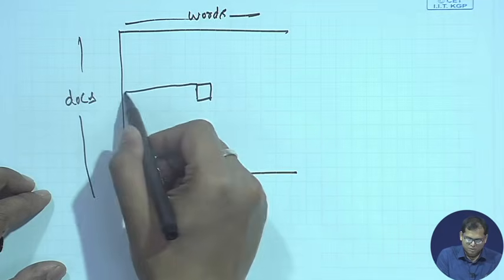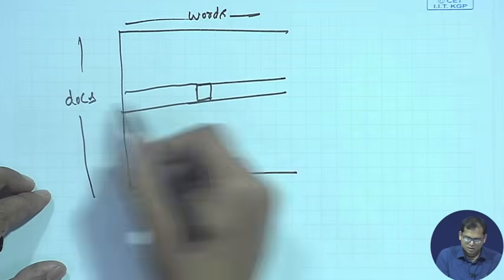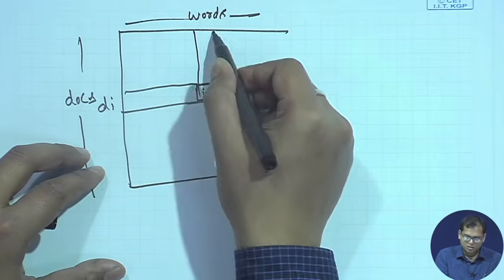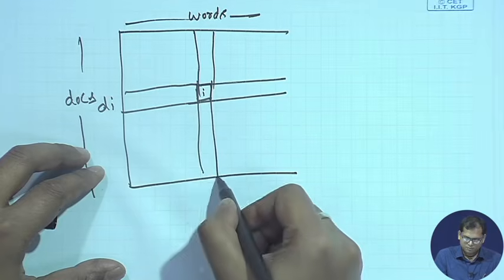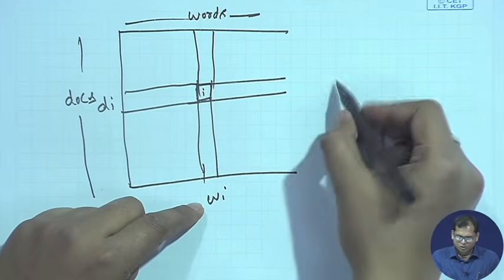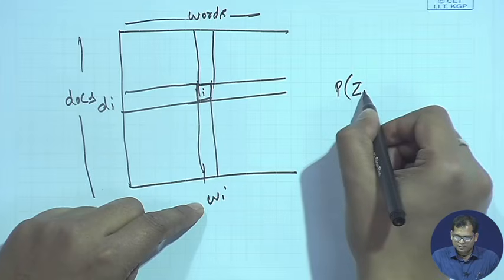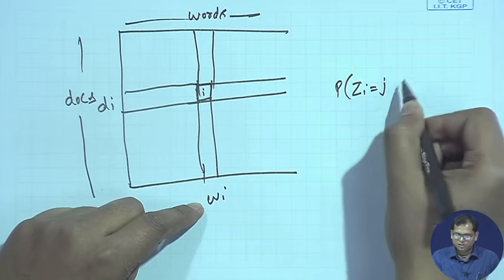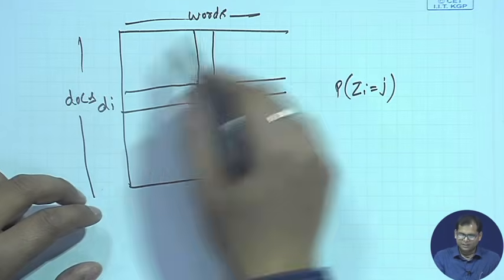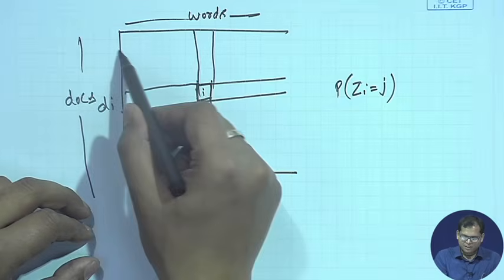The corresponding document will be called d_i, this is the ith token, and the corresponding word will be called w_i. Now you have to find out the probability that the topic assignment for this word will be j. And what is assumed is that in this iteration you know the topic assigned for everything else.